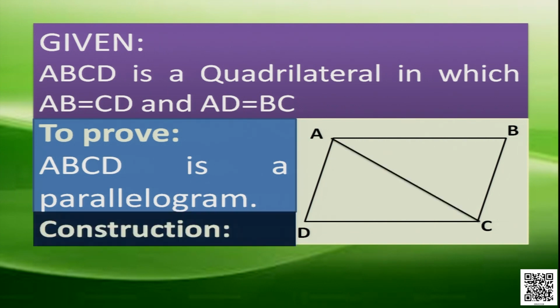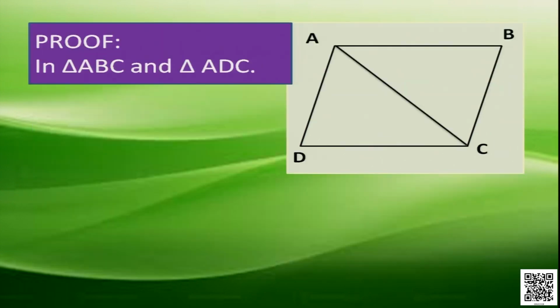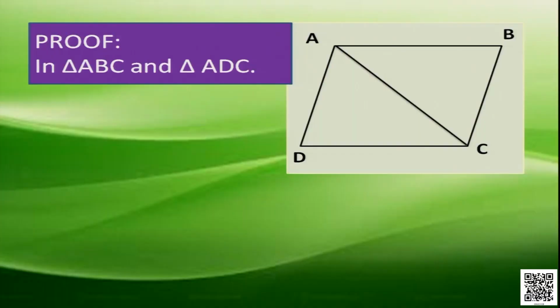So, let us draw the diagonal AC. Now, how to prove? In triangle ABC and triangle ADC, what are equal? The opposite sides, that is side AB and CD are equal, and AD and BC are equal.